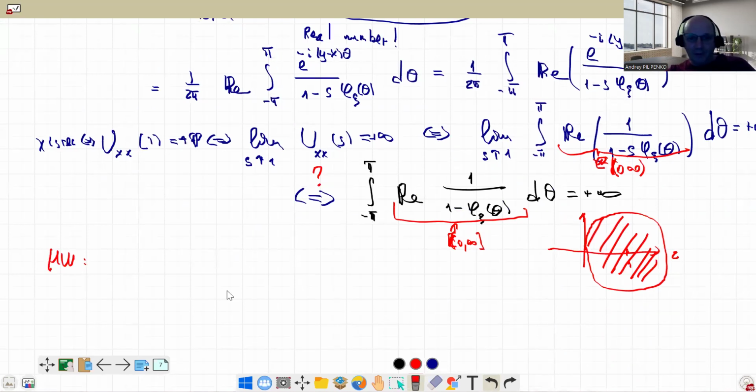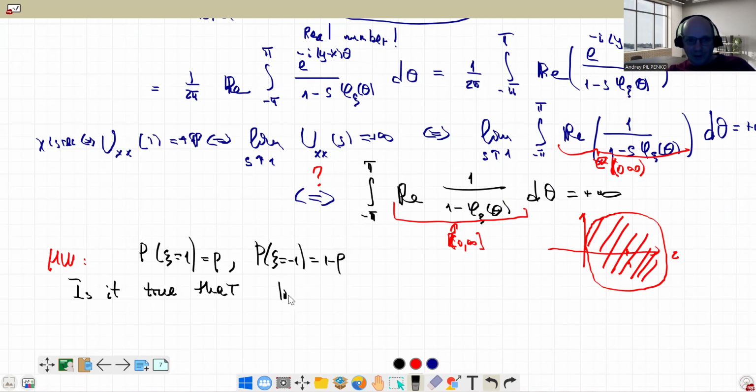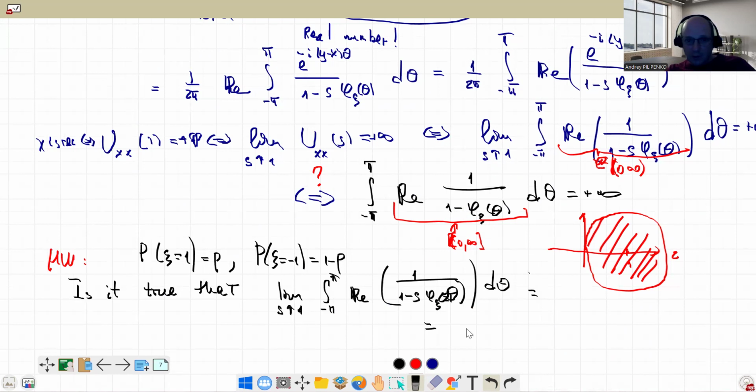okay, homework. Assume that psi is 1 with probability p, psi is negative 1 with probability 1 minus p. Is it true that the limit of integrals is equal to the integral of the limit?